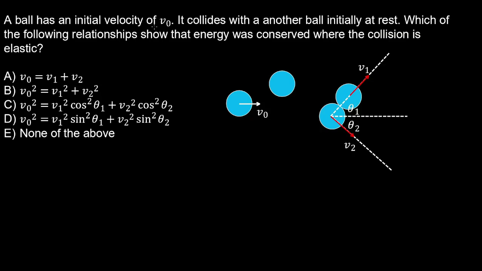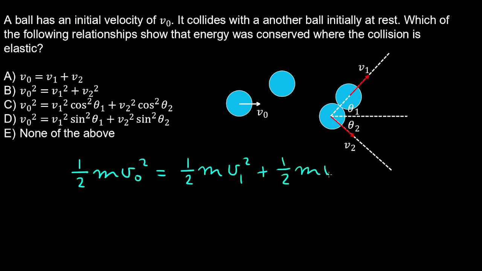A ball has an initial velocity v0. It collides with another ball initially at rest. Which of the following relationships show that energy was conserved where the collision is elastic? Well, the initial kinetic energy of the system is 1/2 m v0 squared, and that's equal to the final kinetic energy of the system, which is 1/2 the mass of the ball by the speed squared, plus 1/2 the mass of the other ball by the speed squared.